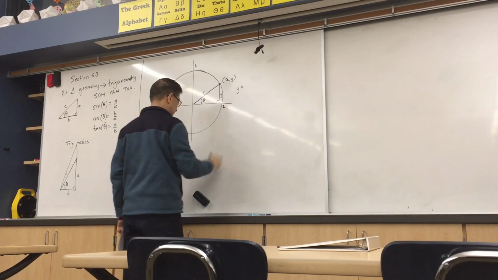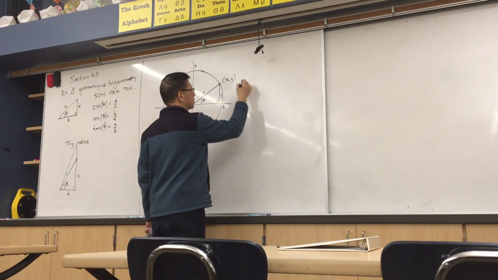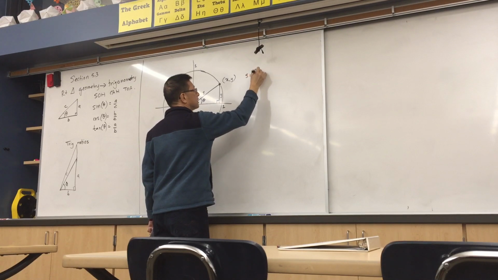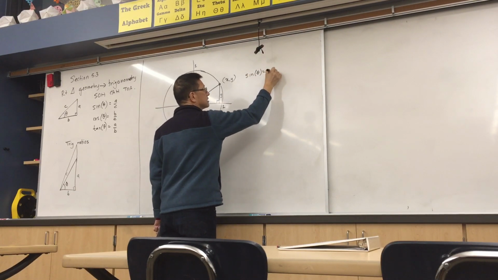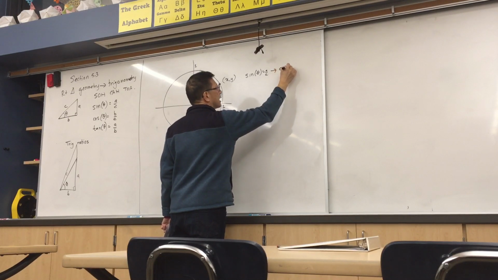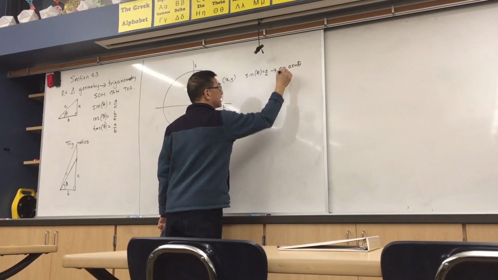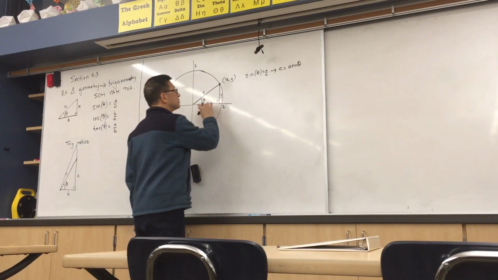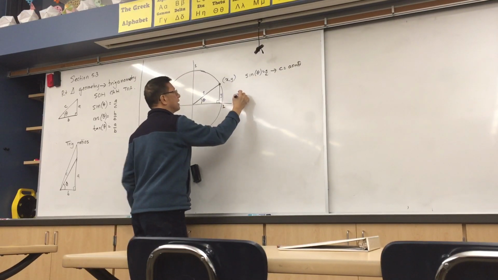So sorry, let me write it exactly as we have it before. Okay, so we have sine of theta is equal to a over c, and so we can say c is equal to a sine theta. That's not a sine theta, that's a times the sine of theta.